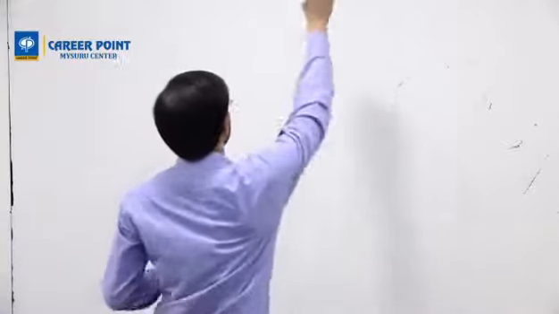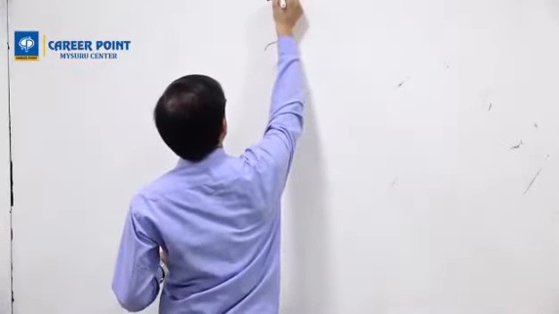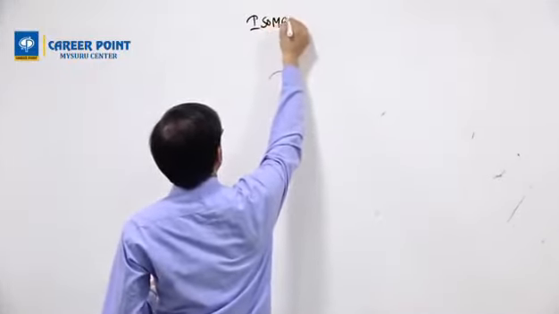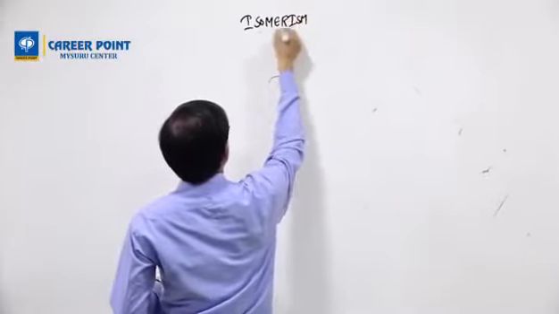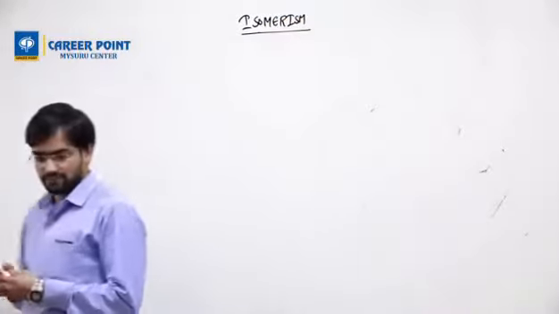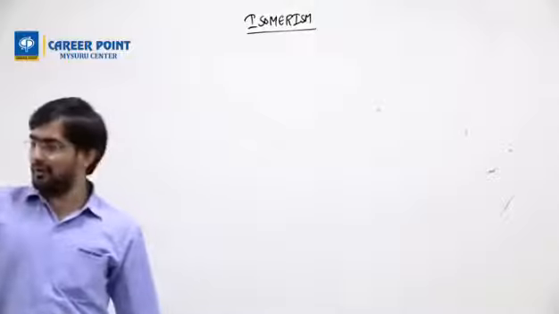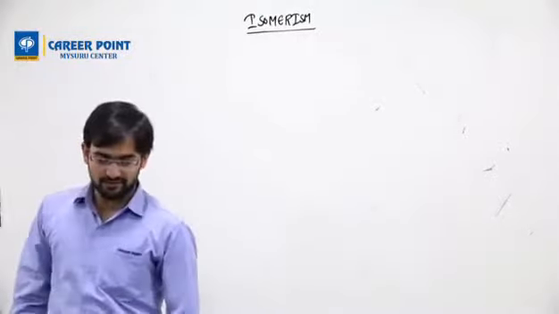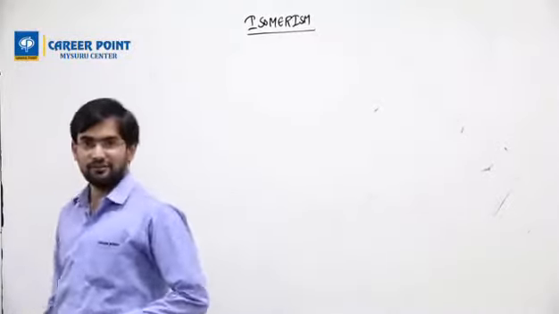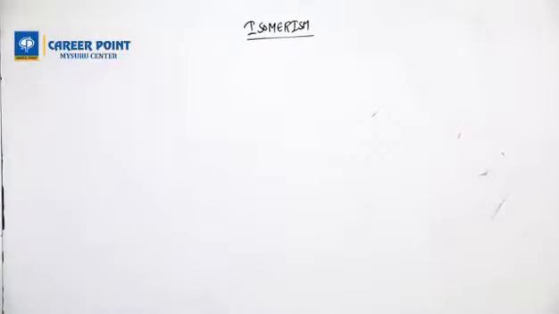Right, so the next chapter is isomerism. Okay, so how many people know the definition of isomerism? In your comment box, write down the definition of isomerism. All people, write down the definition of isomerism.